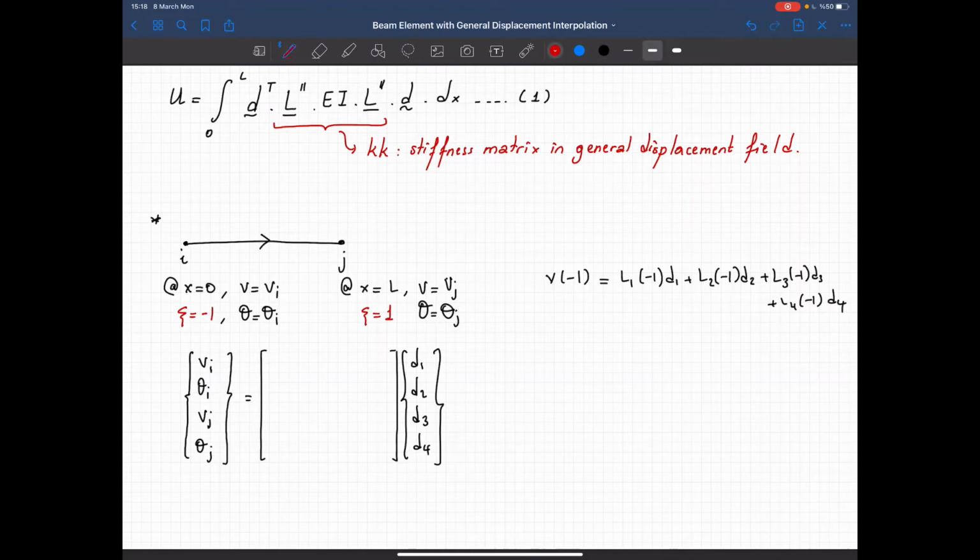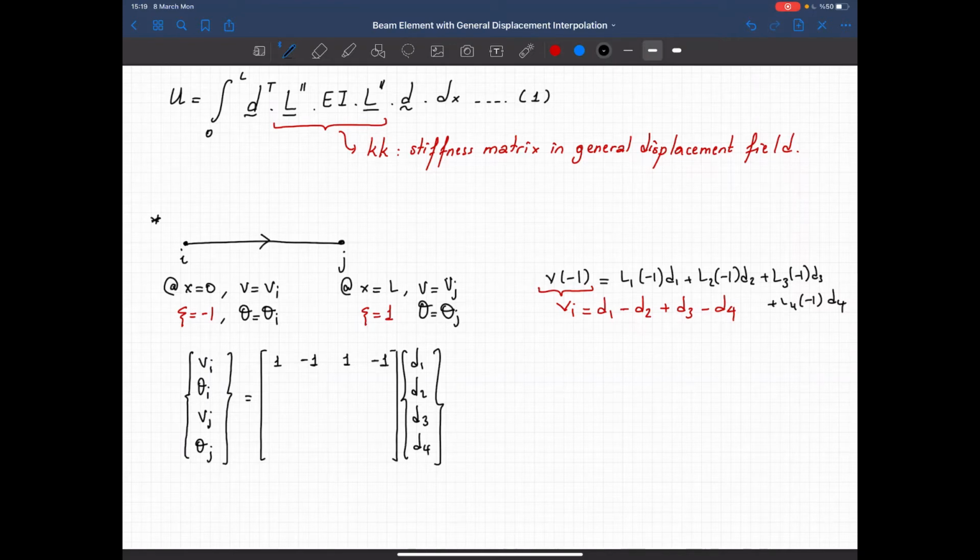And we said that the displacement at psi equal to -1 should be equal to Vi. And when you evaluate that, you obtain Vi as equal to D1 minus D2 plus D3 minus D4. So my first row of this matrix is equal to 1, -1, 1, and -1.